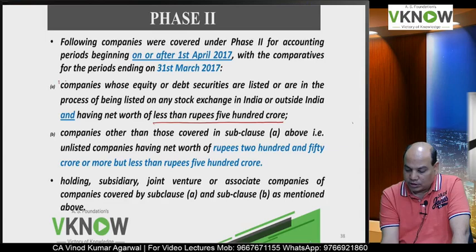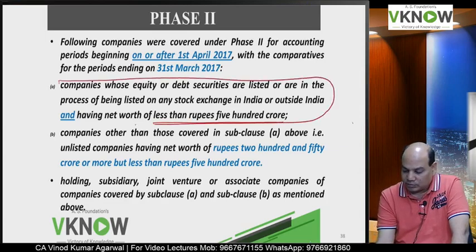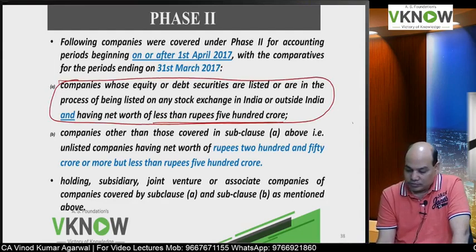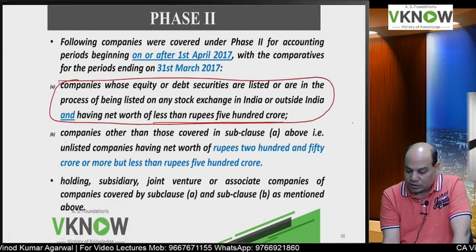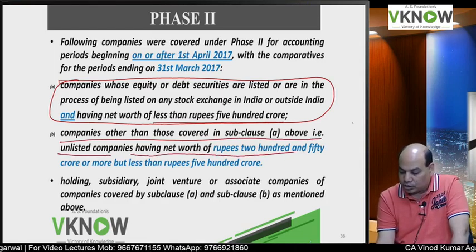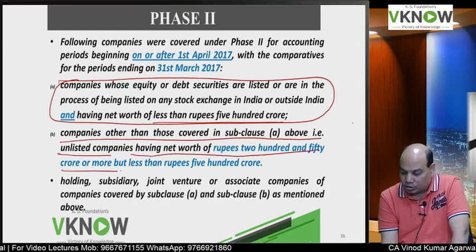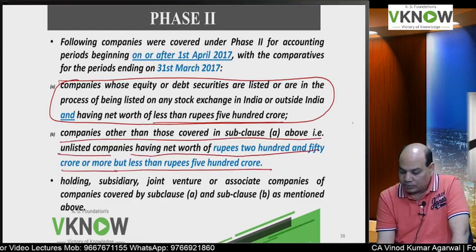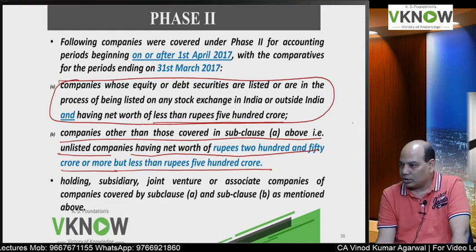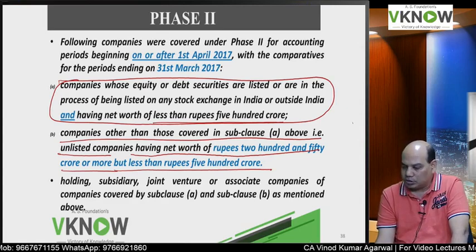I think they should have simply drafted it as all listed companies or in the process of listing. Anyway, next is companies other than those covered in A above, that is unlisted companies having net worth of rupees 250 crore or more but less than rupees 500 crore. Is it right? So they could have just written more than 250 crore.